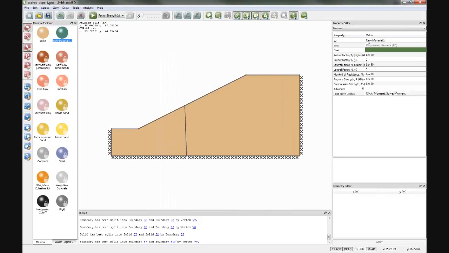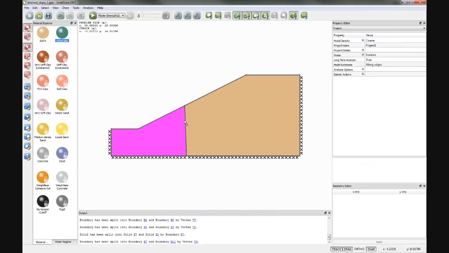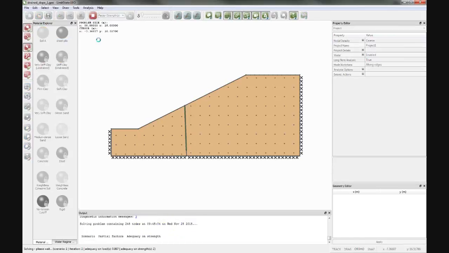And this new material here, perhaps I'll call it sheet pile for clarity. I can drag and drop that onto there, and that will actually behave as a rigid inclusion in the soil. So if I now click solve, the slip mechanism is going to have to either avoid that or go around it.